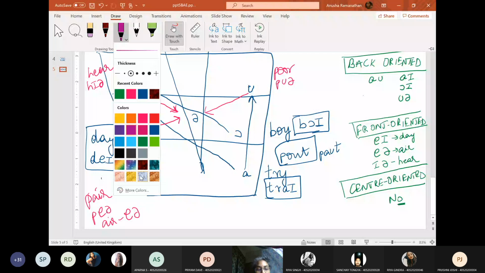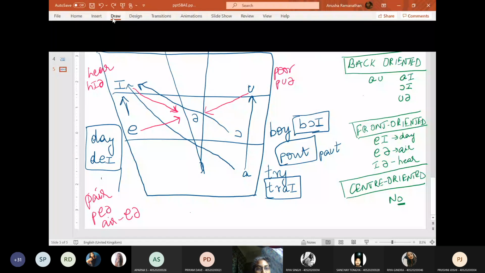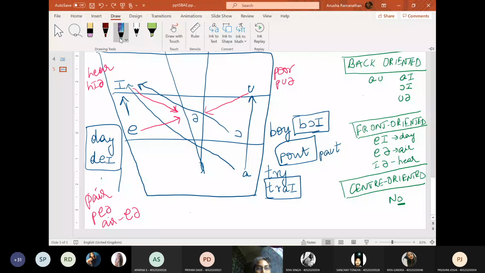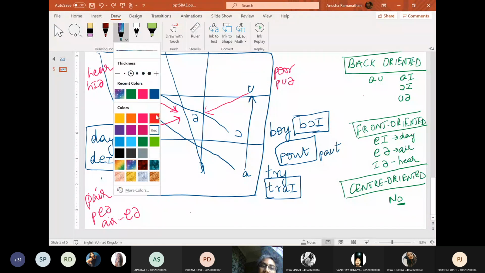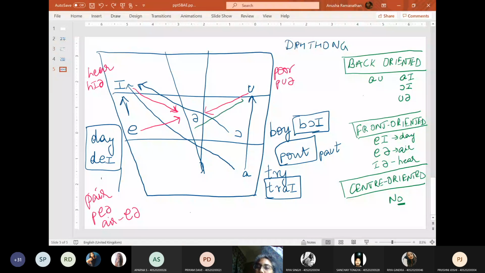I should have used another color. This is how it moves. Sorry, not the arrow controls. So it is and oo, which is for no. So the way you write it is no.